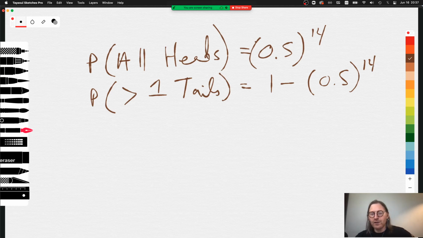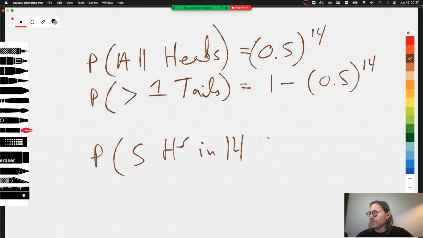However, if we're asking the question, the probability of 5 heads in 14 flips, that is more complex because there are different arrangements, different ways that we can get 5 heads in 14 flips. And so we need to take a different approach.